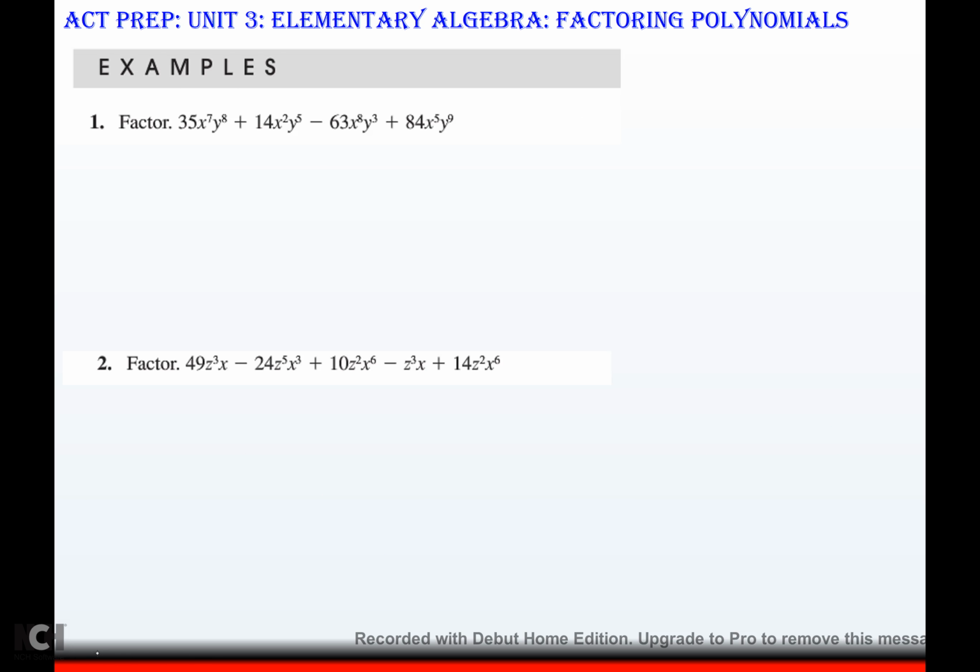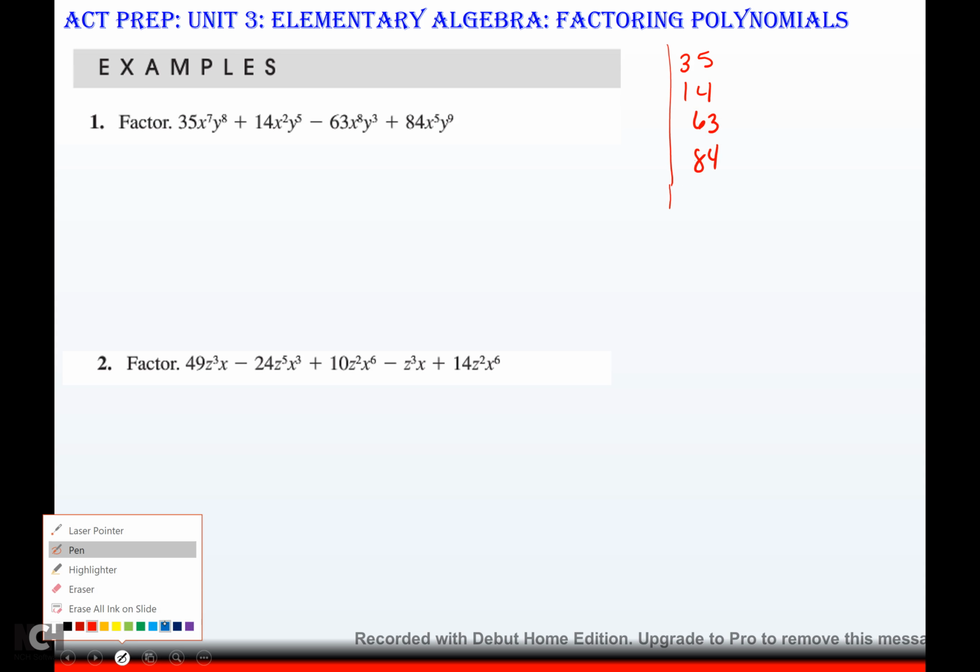Well, the first thing I think of when I see the word factor is I look for a GCF, a greatest common factor. I take the numbers 35, 14, 63, 84, and try to figure out the biggest number that will go into all of those. What I suggest, though it sometimes backfires, is to take the smallest number and see, is that a factor?